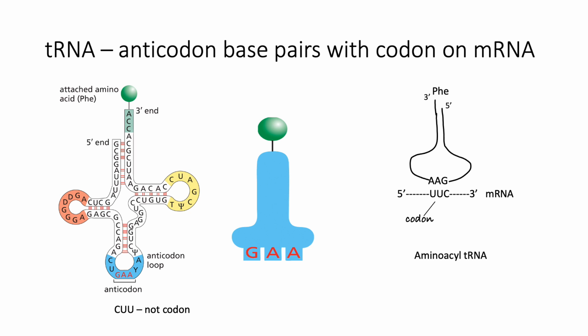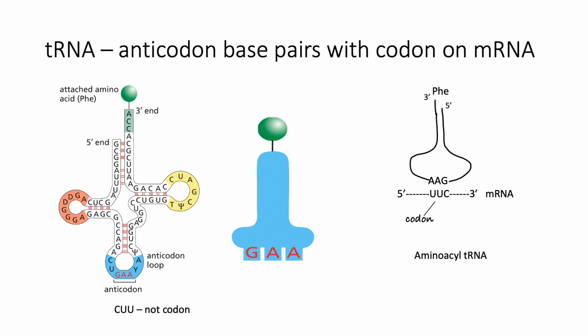The very bottom part has a 3-nucleotide sequence, which is referred to as the anticodon. The codon dictates the amino acid, and the anticodon base pairs with the codon to bring in the proper amino acid at that location. I'll come back to that in a second.